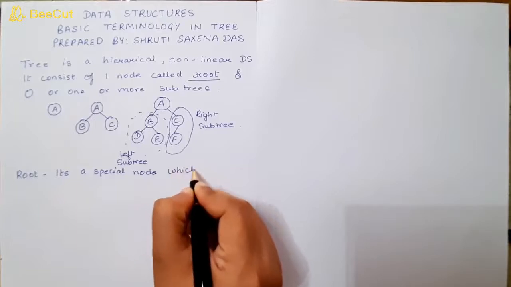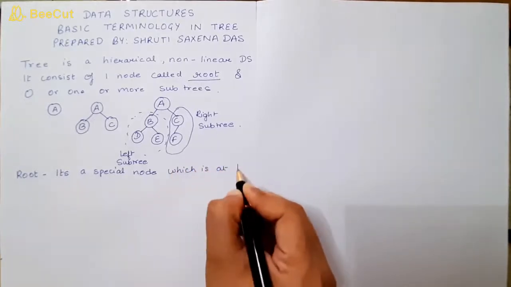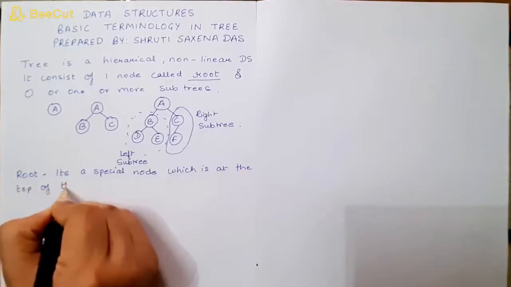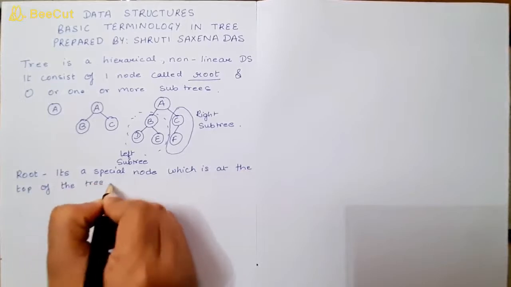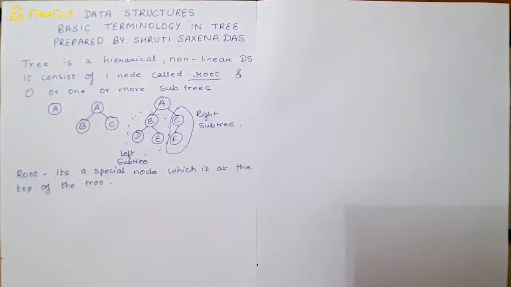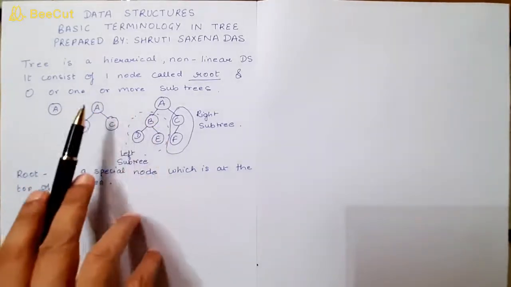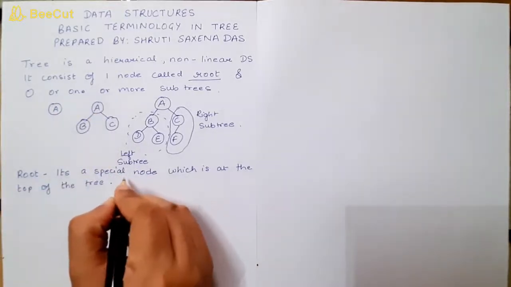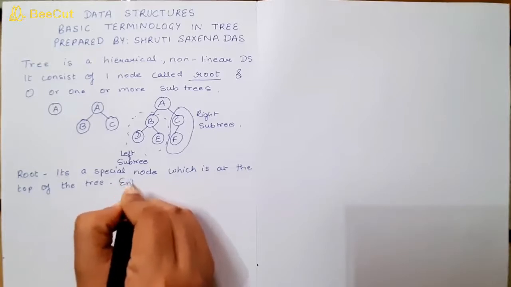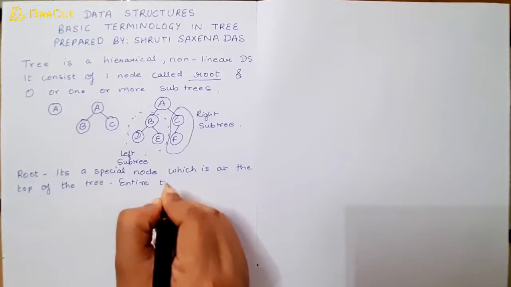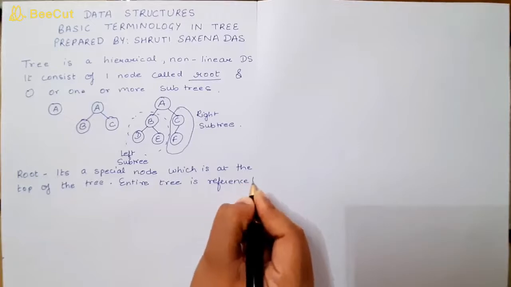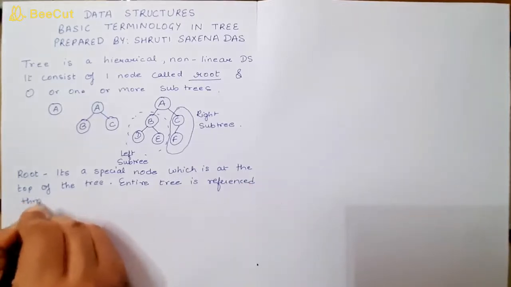It is at the top of the tree, and per tree we have only one root node. In every tree there is only one root node. We call it special because the entire tree is referenced through this particular node, through the root.